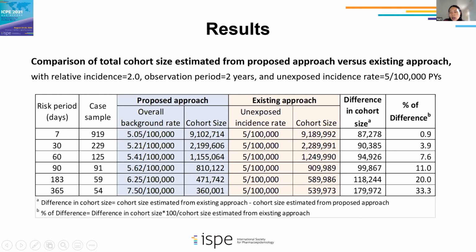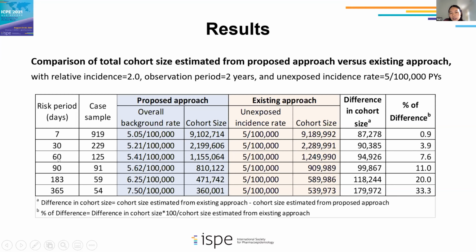You can see from this table, when the risk period is 7 days and the case sample is 919, using the proposed approach, the required cohort size is around 9.1 million. Using the existing approach, the required cohort size is around 9.2 million, with around 7,000 patients less, which is around a 1% decrease in the cohort size.